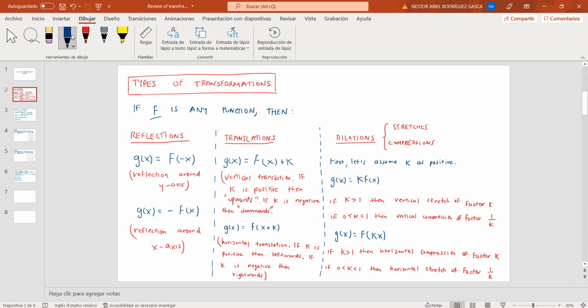If k is greater than 1, then we're talking about a vertical stretch of factor k, right? We will explain what this means visually in a moment. And if, on the other hand, k is between 0 and 1, what that means is k is a fraction, then we're talking about a vertical compression of factor 1 over k.